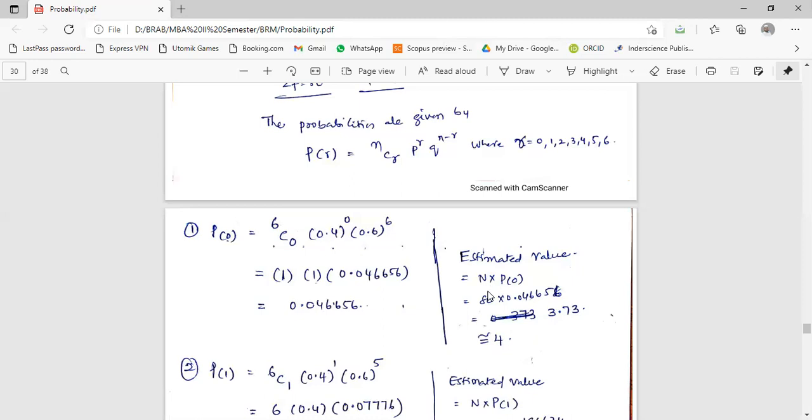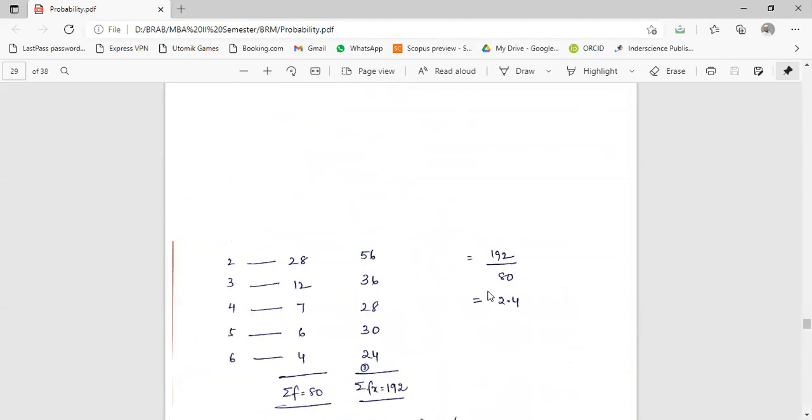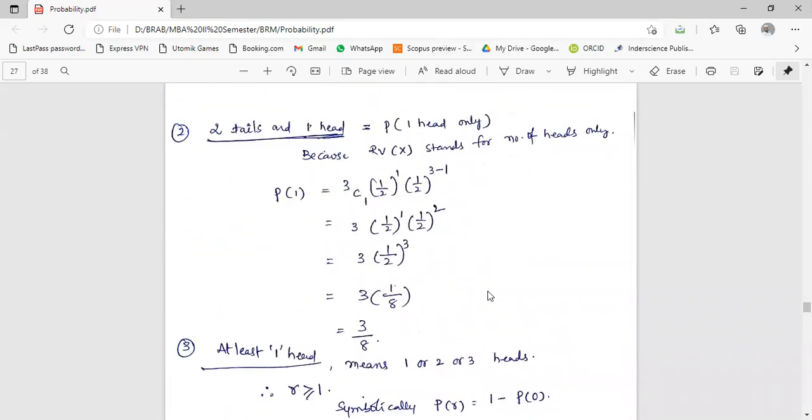In the previous problems we have seen there are 3000 families with 4 children, like that. So when you want to find out the number of families, you have to multiply the probability with the total number of families. I will show you.